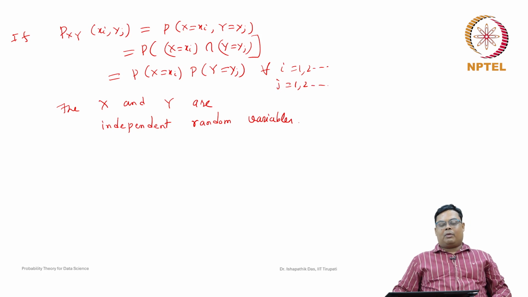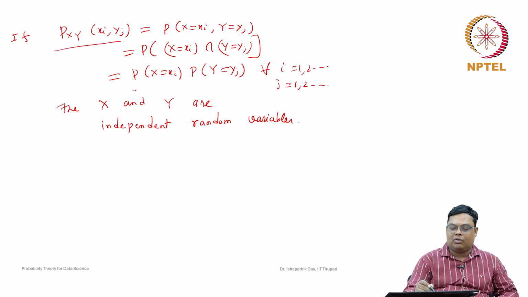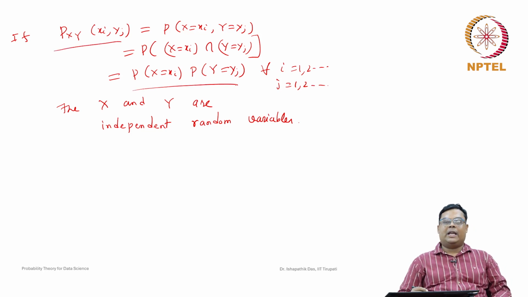It may be true that for particular values of xi and yj the condition holds, but then we cannot say that x and y are independent random variables. For independence we require that this condition be satisfied for any i and j, then only we can say that x and y are independent random variables.